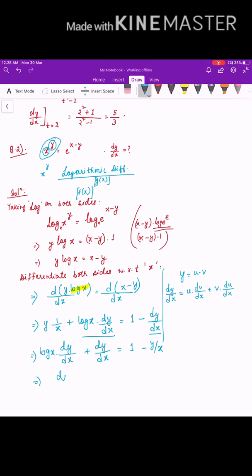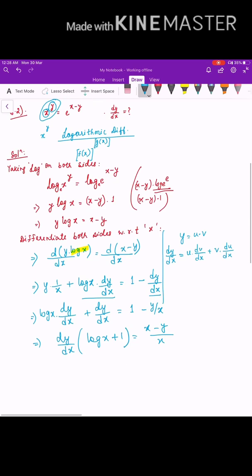So dy by dx I'll take as common, (log x plus 1) equal to, I'll take the LCM, right? So finally dy by dx is equal to (x minus y) upon (1 plus log x).